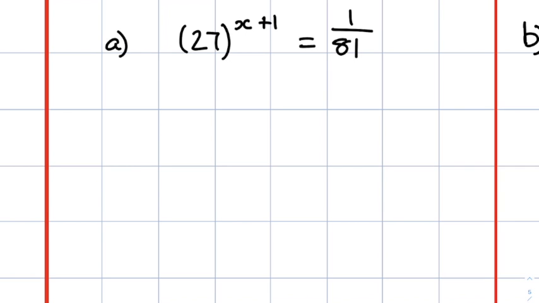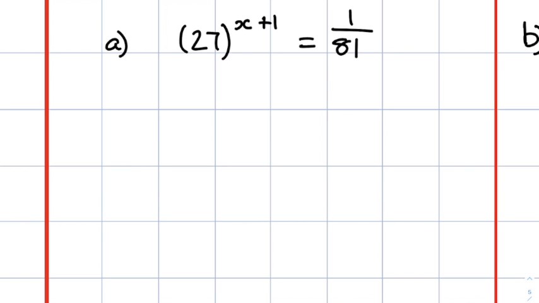While you're writing this example down, and yes, I would like you to write the examples, is there a way you can think of that 27 and 81 can be written as the same base? Hopefully you recognize that 27 is 3 to the power of 3, just 3 cubed. Well, 81 is 9 squared, and because it's 9 squared, that's 3 to the power of 4.